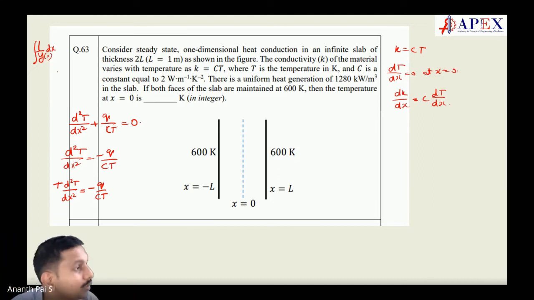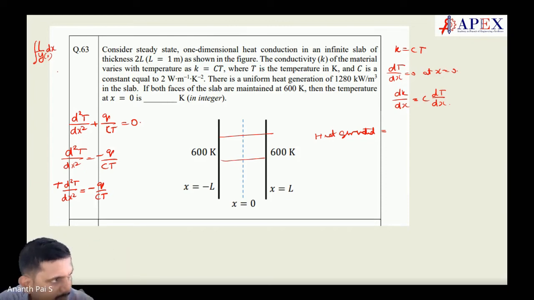So let us do heat generated is equal to heat conducted. Correct. What is the heat generated per unit width? Heat generated is equal to, per unit thickness here, let us take 1. Heat generated is equal to area times 1.